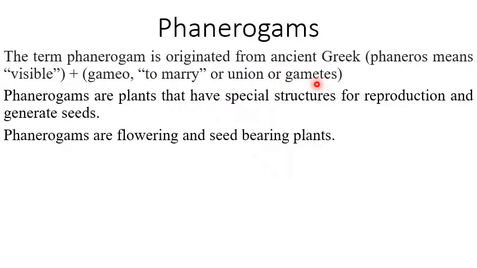When we put these together it becomes phanerogam in Greek, and in meaning it is visible union or visible gametes.